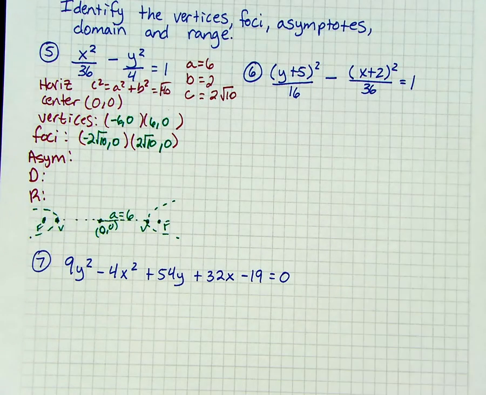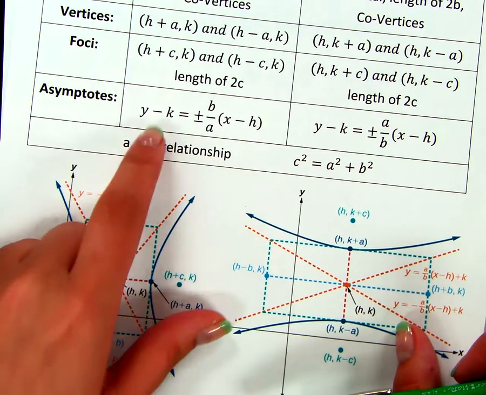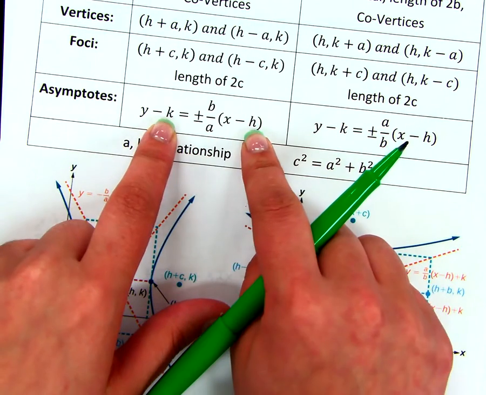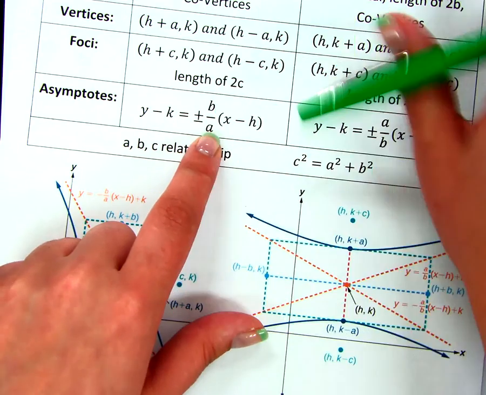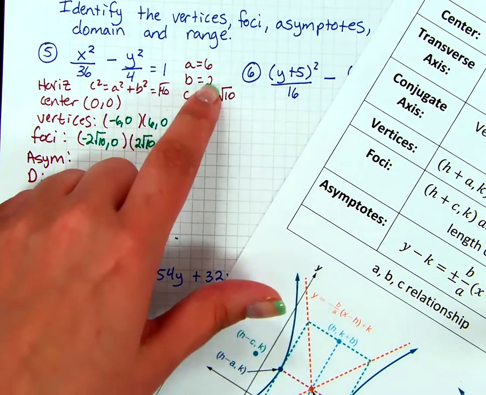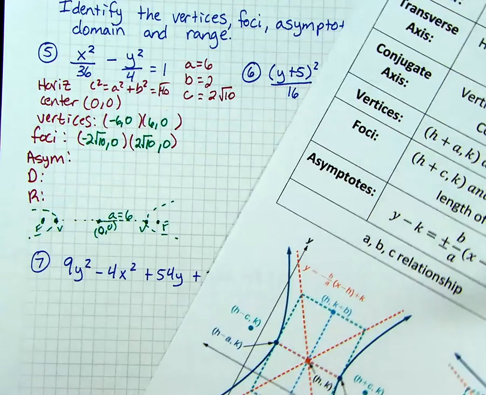And then for the asymptotes, we are going to use the formula that they give us. So again, horizontal. So that's going to be this one. So we're going to replace h and k with 0. And then we will replace b and a with 2 and 6. And then we need to simplify that.